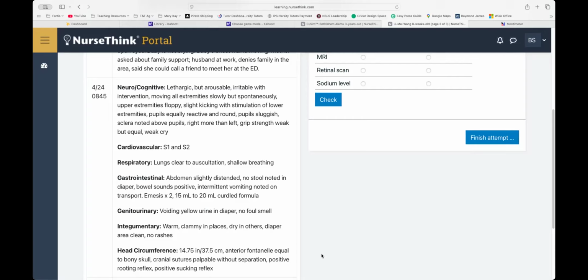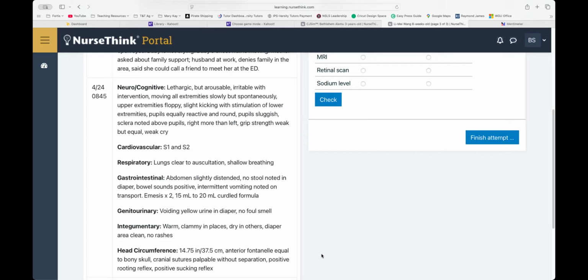Still arousable, still moving. Same with her cry, even though it's a weak cry, she's still doing it. She's still got that pain response. Her lungs are clear, no foul smell, warm, no rashes. All sounds positive. Positive bowel sounds.